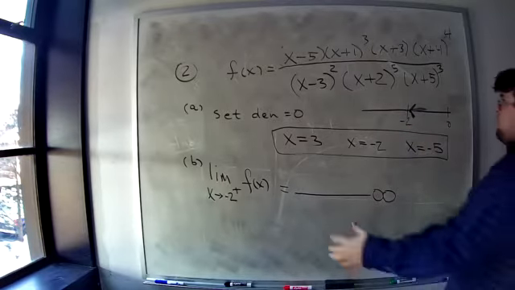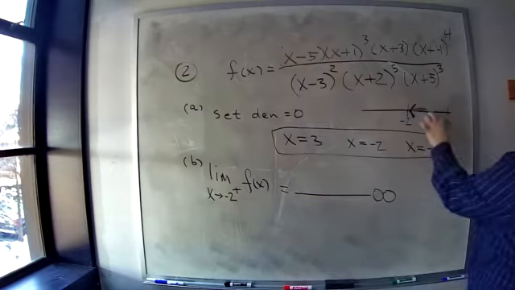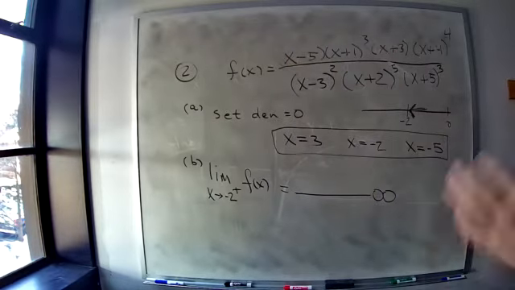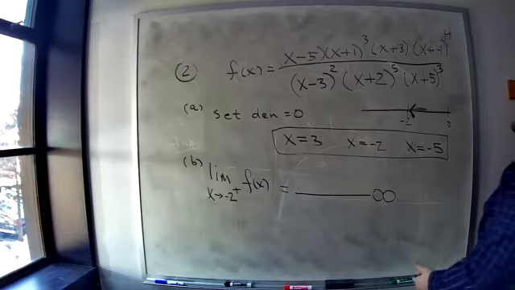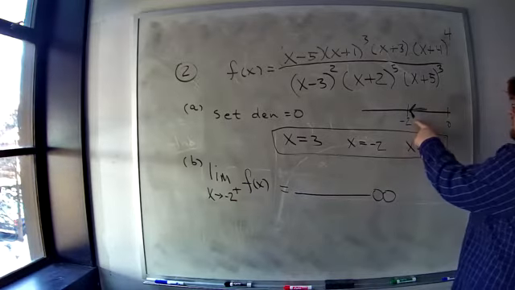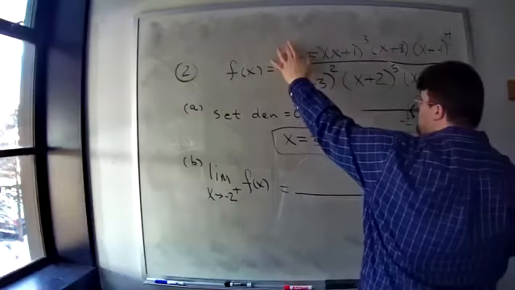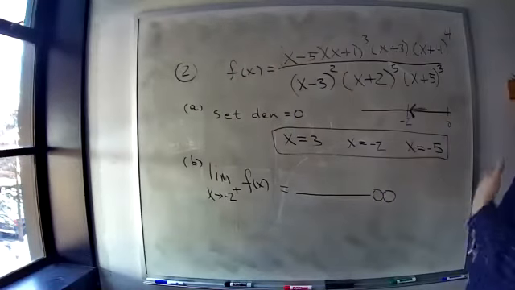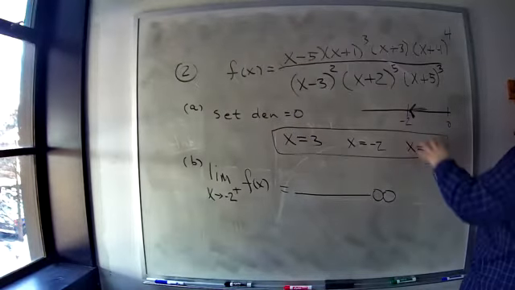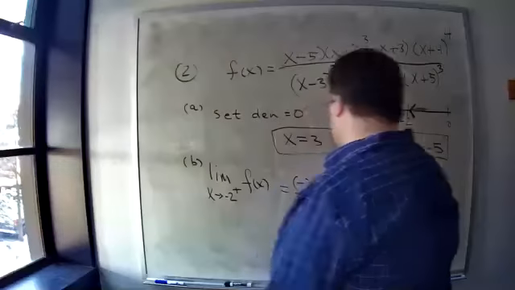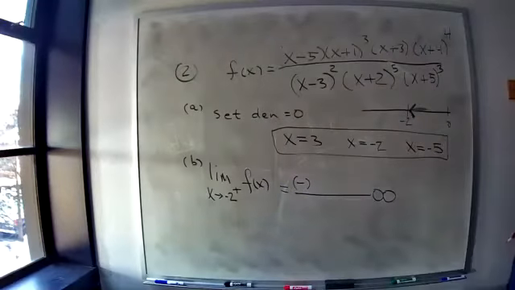And we're going to see what happens for these numbers, what happens to each piece of this. And all that matters is the sign, the positive or negative. So take numbers to the right of -2, but close to -2, substitute them here for x minus 5. Well, that's still going to be a negative. Negative numbers here, minus 5, are still negative. So we have a negative.